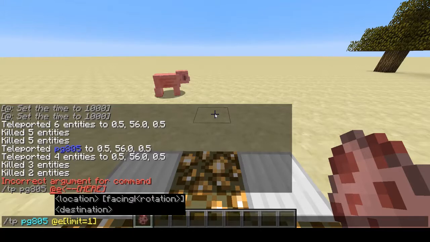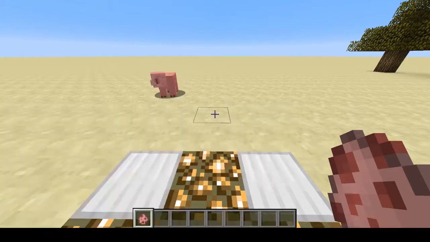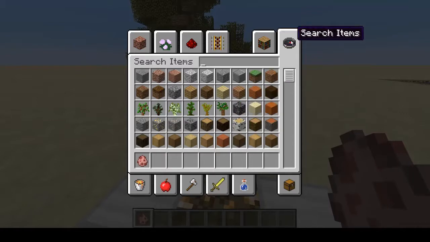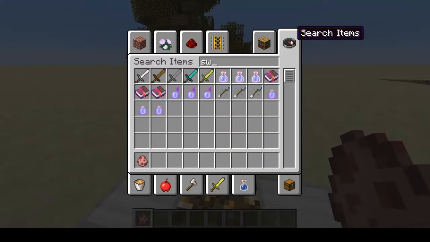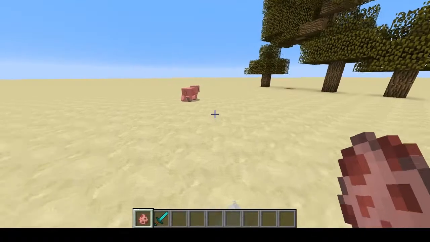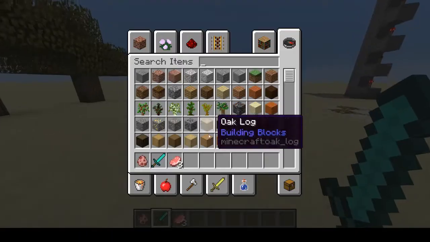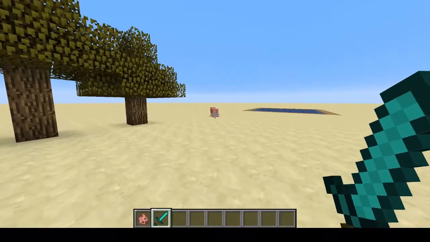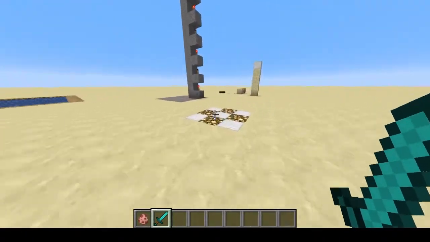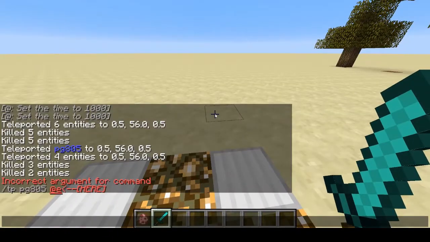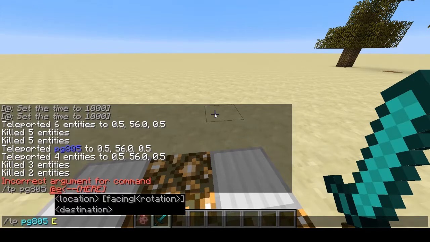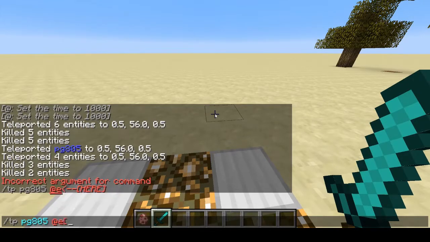because even if you do type in, let's say I got out a sword, killed this pig, and now there's only one pig in the world. Even if I type in /tp @e[type=pig], well, there's only one pig in the world.